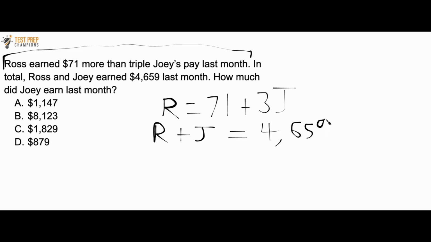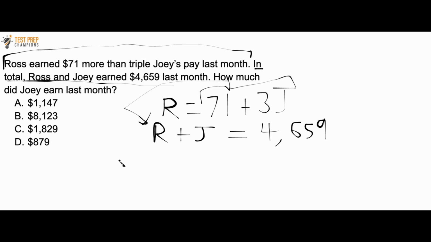This just comes from the second sentence, where it tells us in total, Ross and Joey earned 4,659 last month. So what I can do now is come back up to this first equation, R equals 71 plus 3J, and I can replace the R in my second equation with 71 plus 3J.